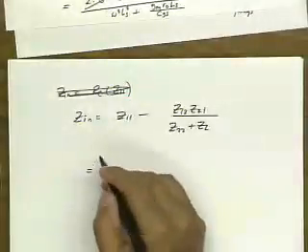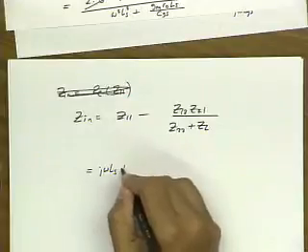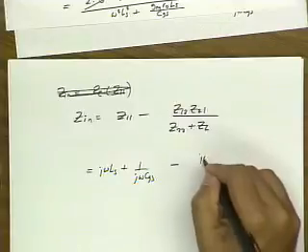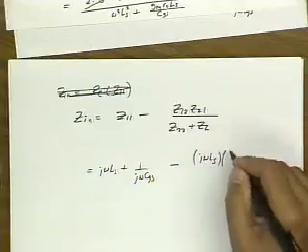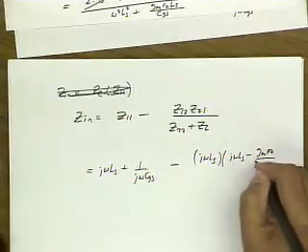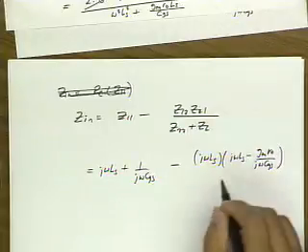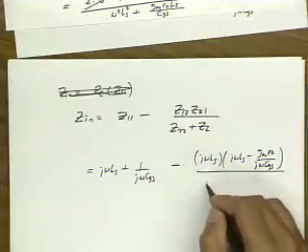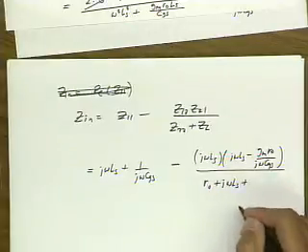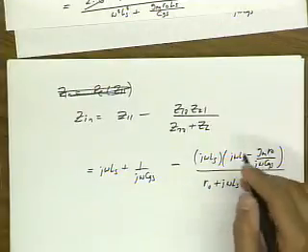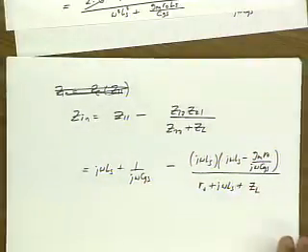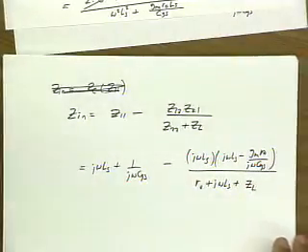So Z11 is j omega Ls plus 1 over j omega Cgs, minus Z12, which is j omega Ls, Z21 is j omega Ls minus gm ro divided by j omega Cgs, divided by Z22, which is Ro plus j omega Ls plus ZL. Okay? So now let me find the real and imaginary part of this expression.